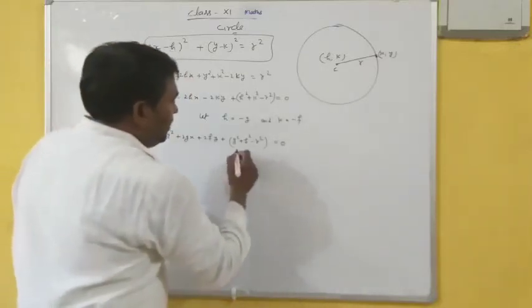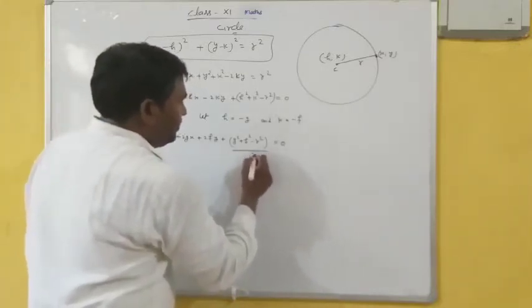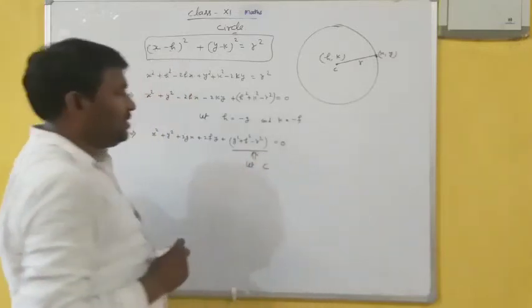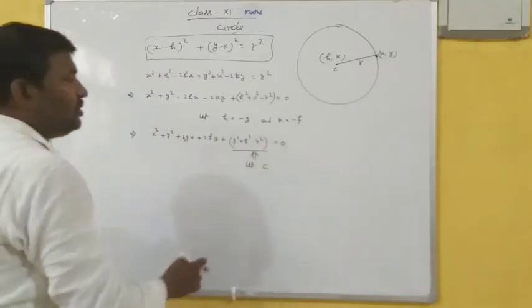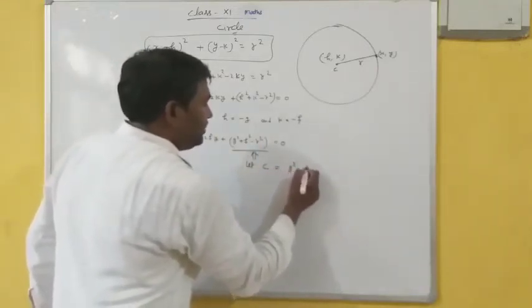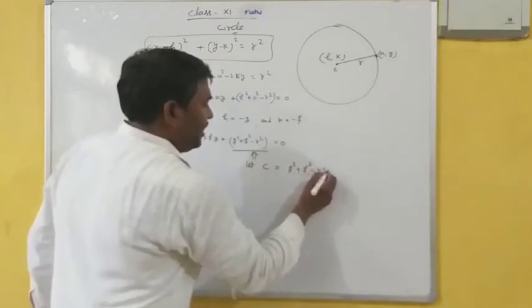And one more thing, let this quantity be c. Then c is equal to g square plus f square minus r square.